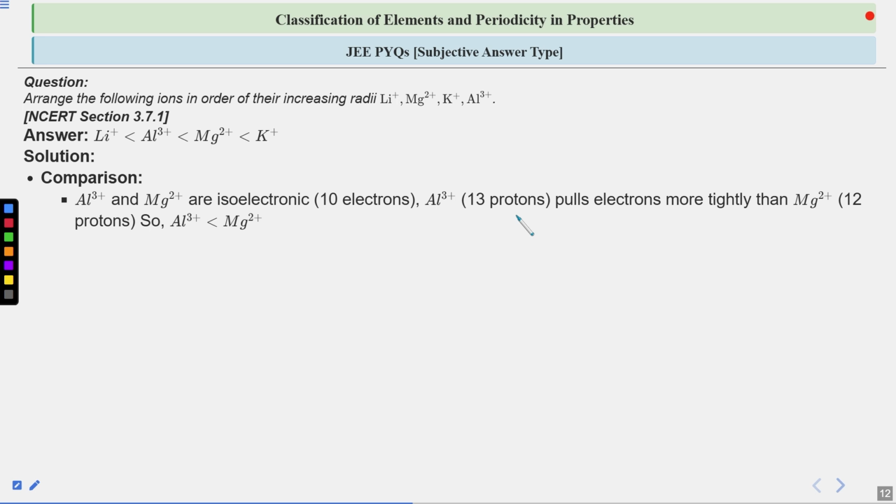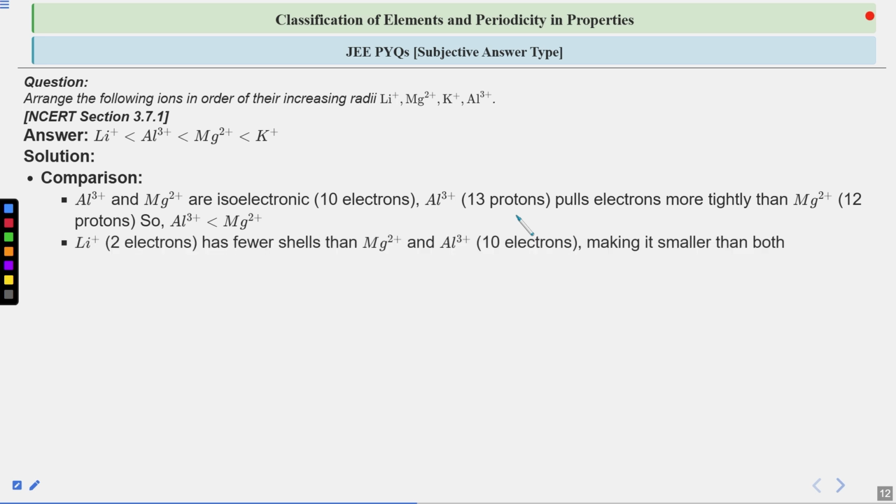We know that as the charge increases, the size will decrease. So these two are set. Now what about lithium plus? Since it has very few shells, only one shell, it will have the lowest ionic radius. So it will be smaller than magnesium 2 plus and aluminium 3 plus also. If I ask you what is the number of shells in magnesium 2 plus and aluminium 3 plus, what will be your answer? Just think about it.